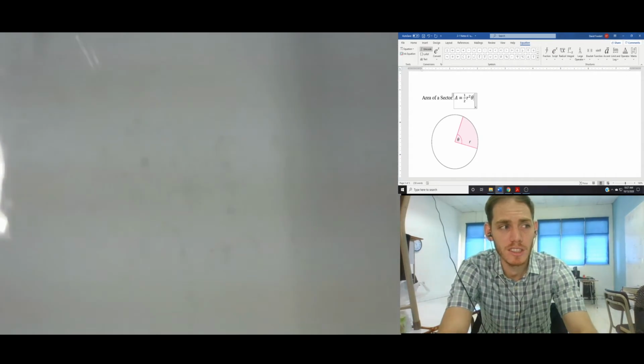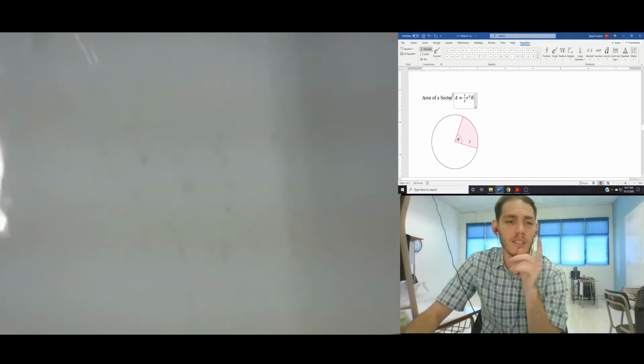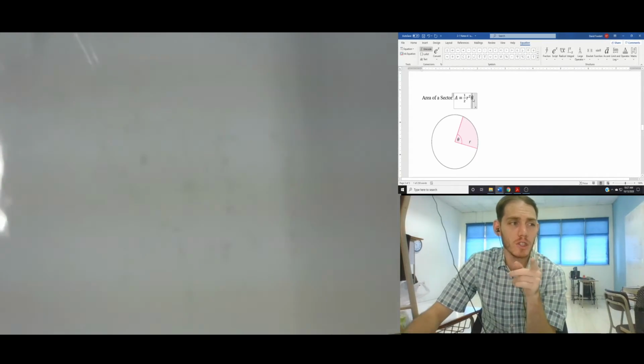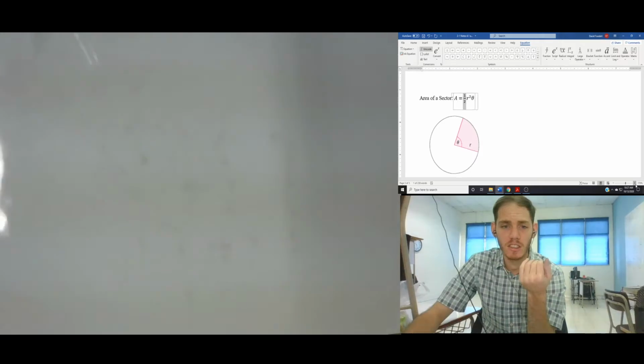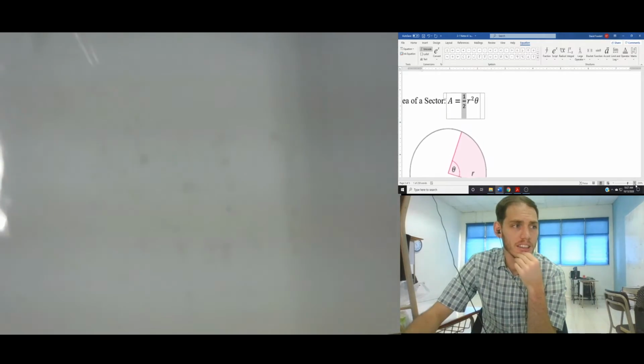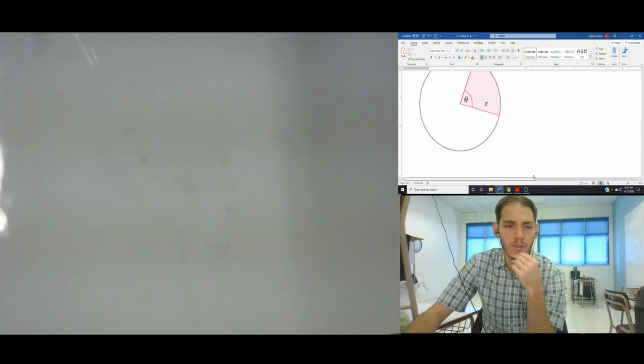If you actually applied this to a full circle, the angle of a full circle is 2 pi. So 2 pi times 1/2 is going to be pi. Pi r squared is the area of a circle. So this area of a sector formula applies even if we're finding the area of a circle, okay?